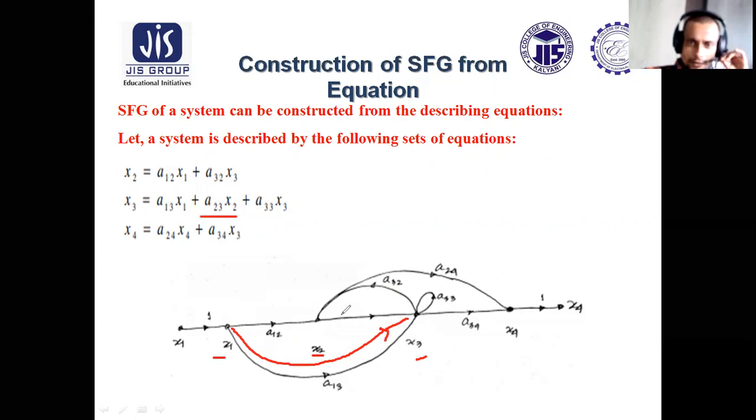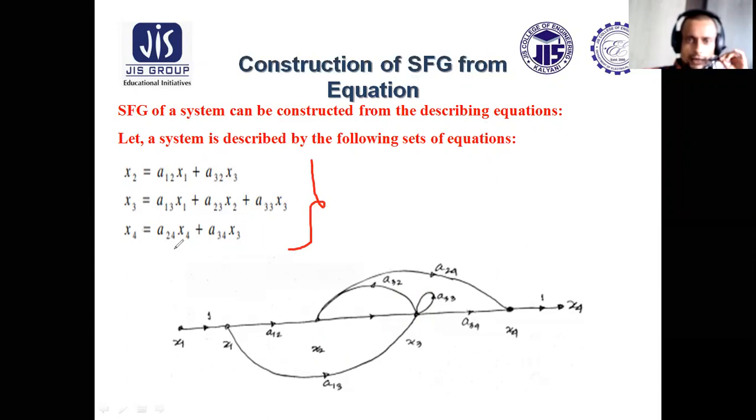So x2 will be multiplied by A23. So this is A23. And x3 will be multiplied by A33. So there should be a self loop of A33. So this is how you can get SFG from the governing equation.